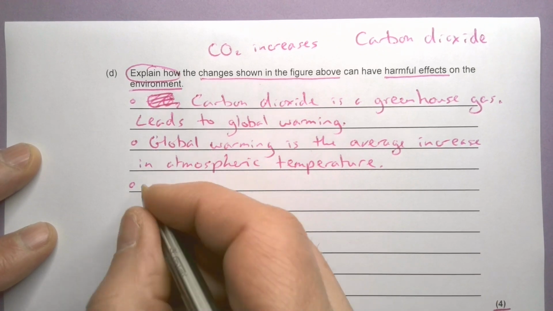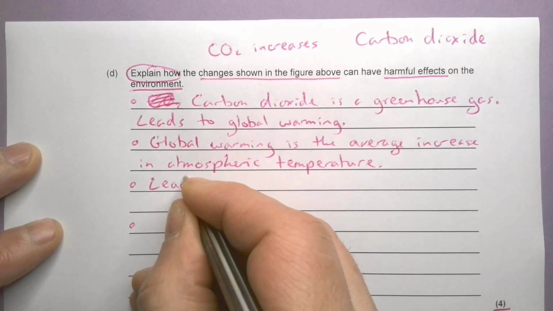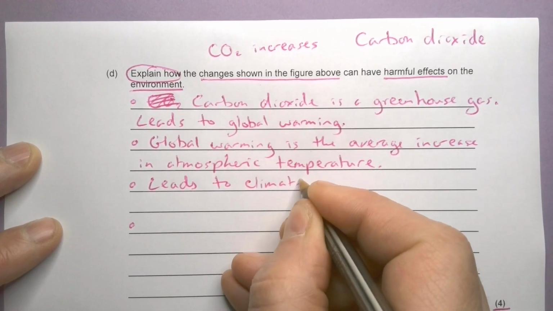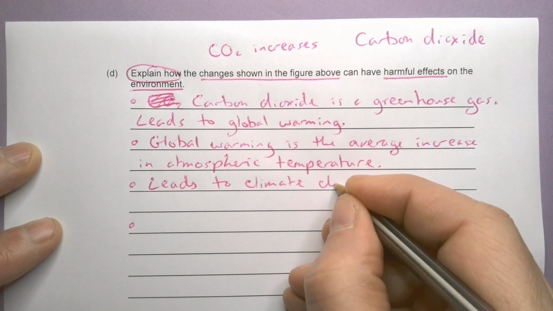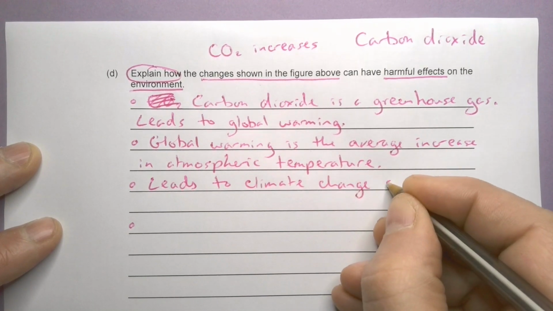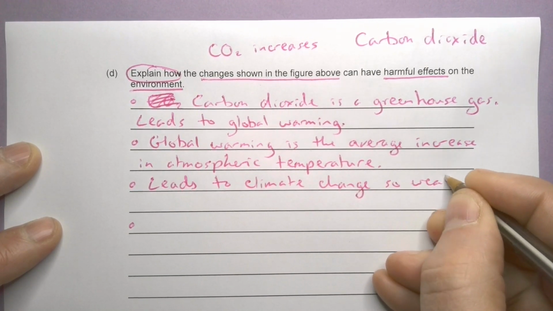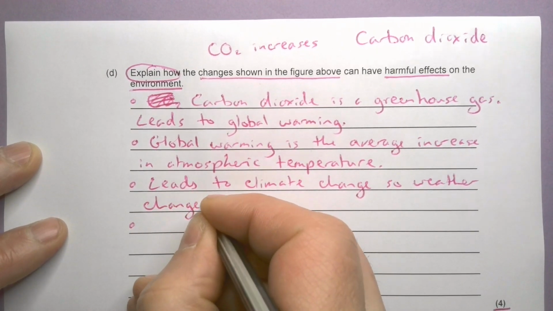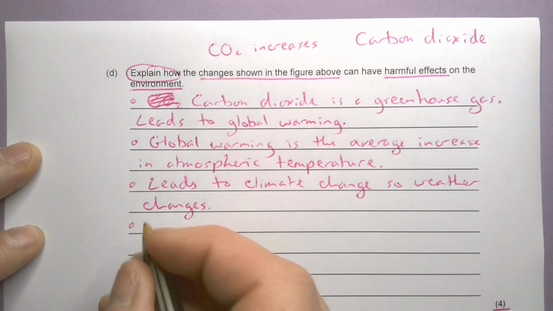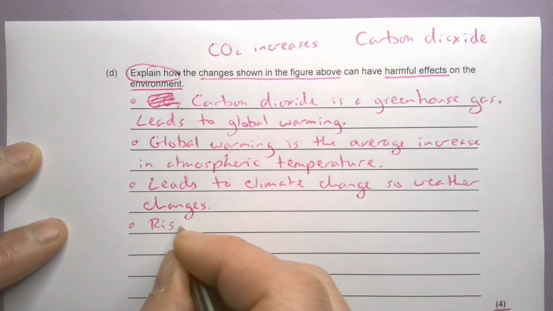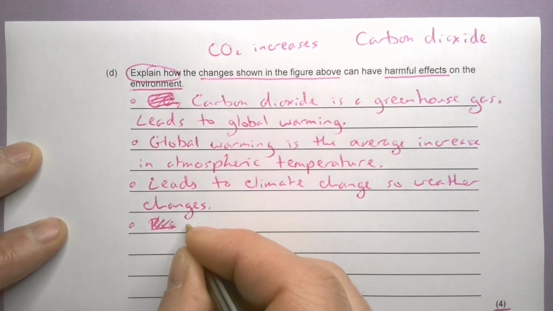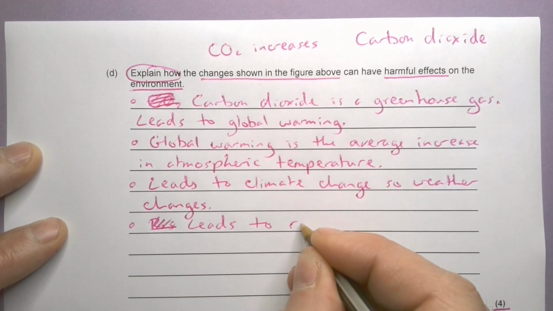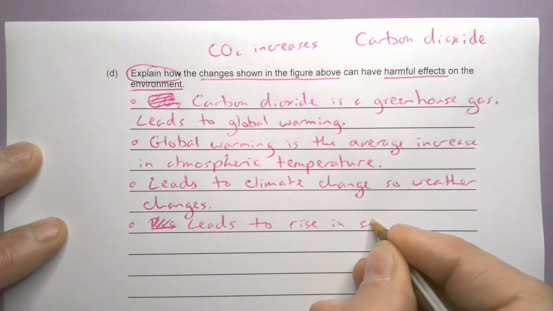But now how does it harm the environment? Well, it leads to climate change. So weather changes. And why is this bad? Well, the big one is it leads to a rise in sea levels.